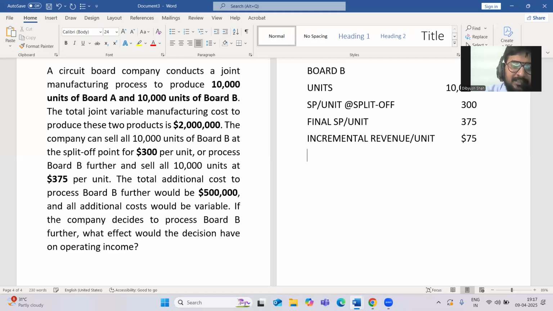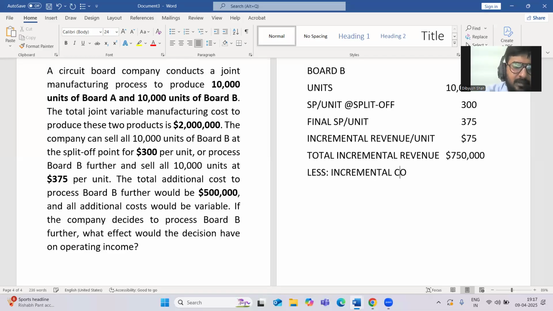So total extra revenue, on one unit, 75. 10,000 units, 10,000 into 75, $7,50,000. Incremental processing cost is given, $5 lakh.